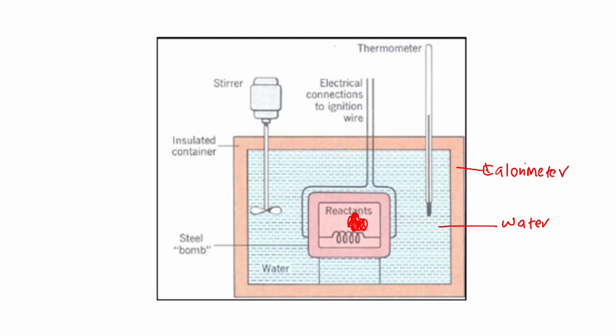This is where the electrical supply starts to ignite the fire. Maybe we have a switch here on the body of the calorimeter. We press the switch and electricity is supplied, and it will ignite the fire and burn this carbon.